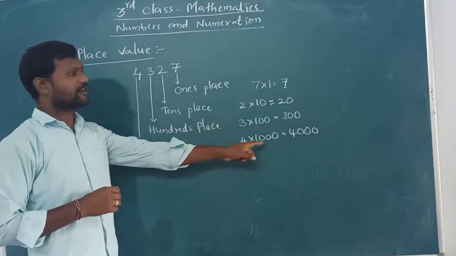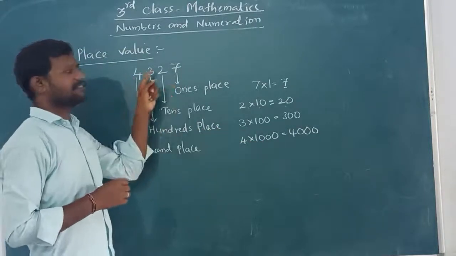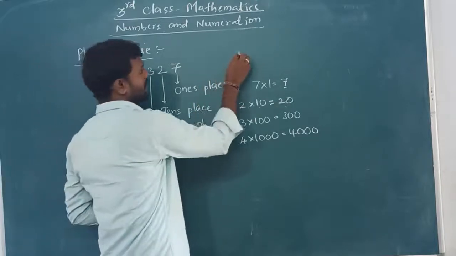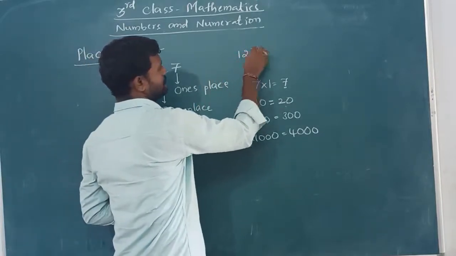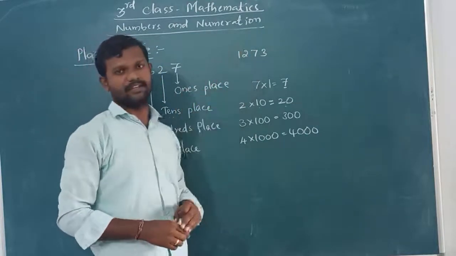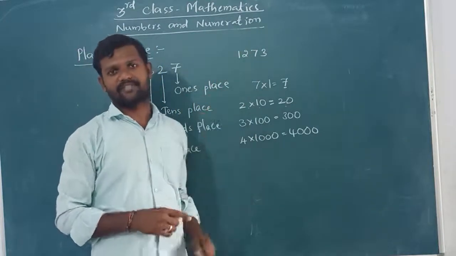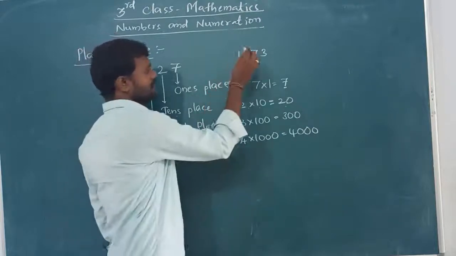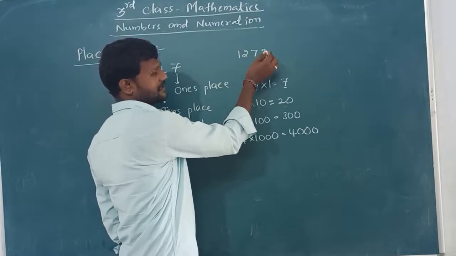Okay, the place value is decided according to the place in which the digit is. For example, I am writing another number, 1273. What is the place value of 7? First write the names of the places.